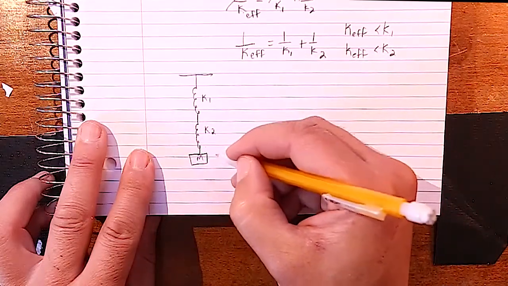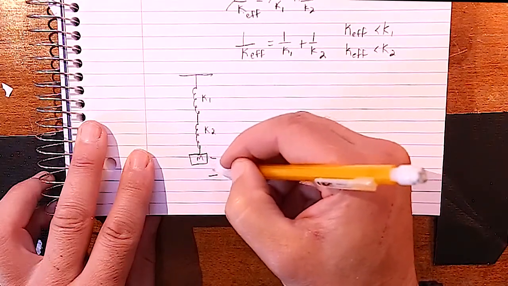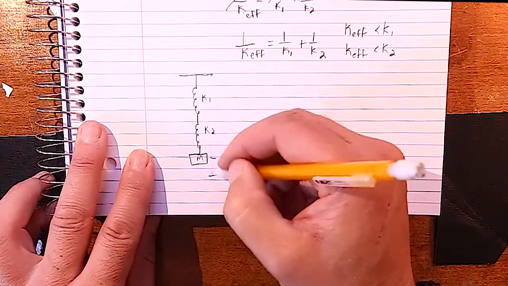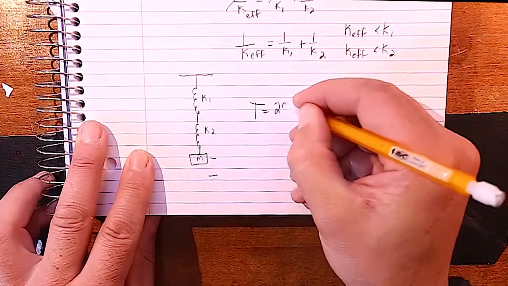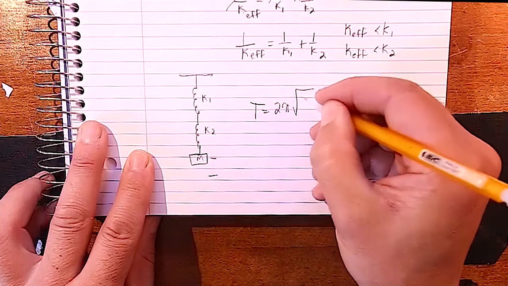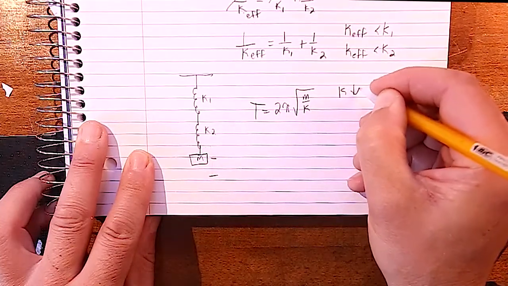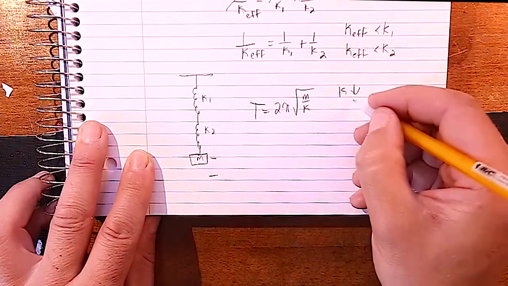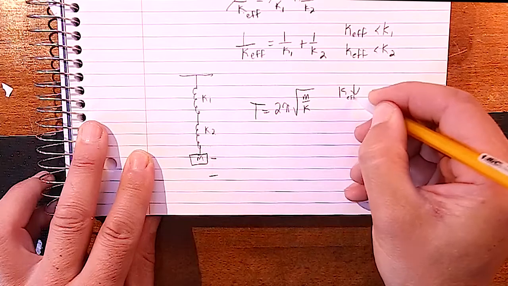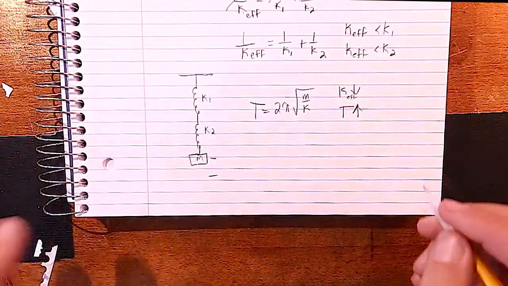If we pull this down in amplitude, remember what we just said, whatever that amplitude we pull it down, that will be the new amplitude it oscillates at. Well, let's look at our formula. What have we changed? We have made K get lower. We have taken K1 and K2, added the reciprocals, and we get a lower K, K effective. So what happens? The period must go up.